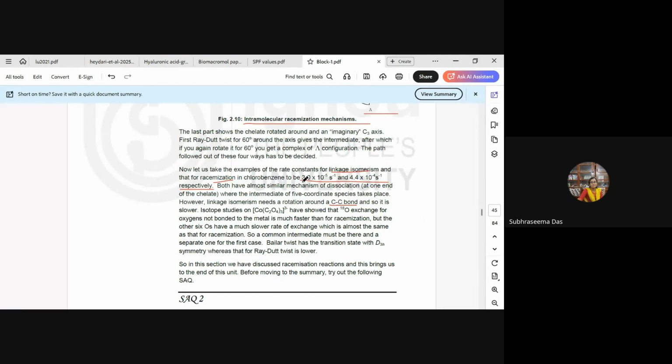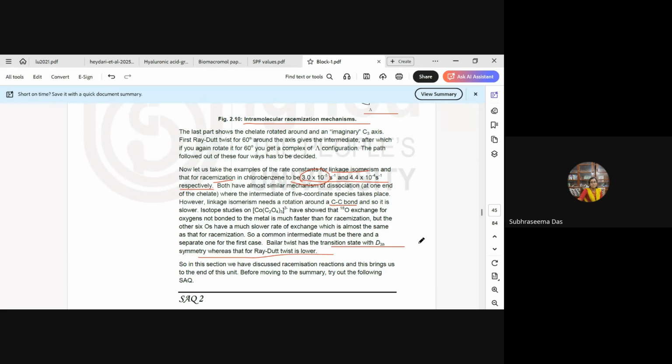That is why it is 3 × 10^-5. Isotope studies on cobalt oxalate 3 have shown that O-18 exchange for oxygens not bonded to the metal is much faster than racemization. Even the Bailar twist has the same transition state, whereas the Ray and Dutt twist is slower.